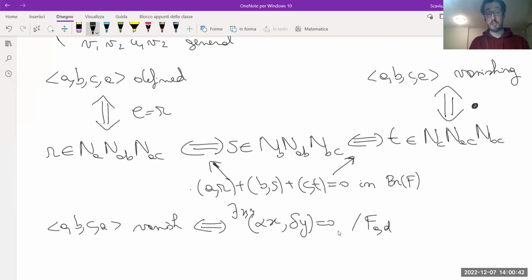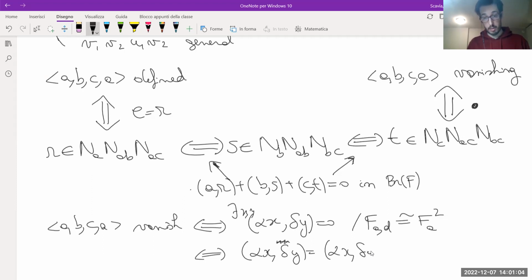But since A is equal to D, this FAD is actually isomorphic to FA squared. So this condition is replaced by the two conditions alpha X delta bar delta Y equals alpha X delta bar Y equals 0, over FA. So two conditions over FA.